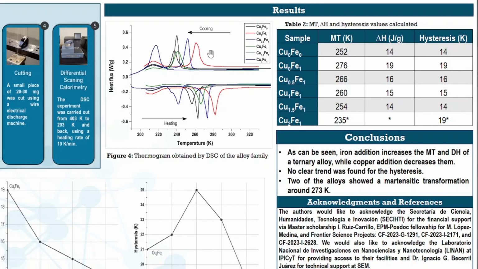We obtained these values for all alloys except copper 2 because these had irregular peaks. For example, here and here, the peak never finishes, so these data are not reliable.